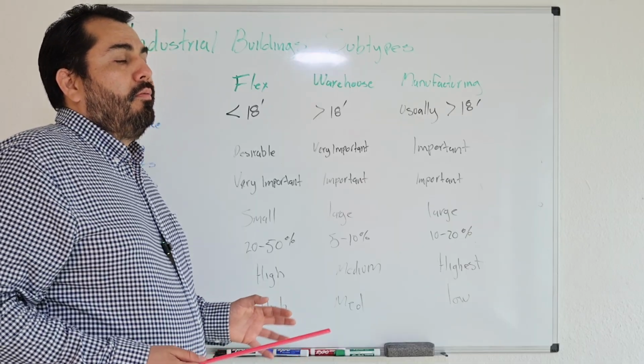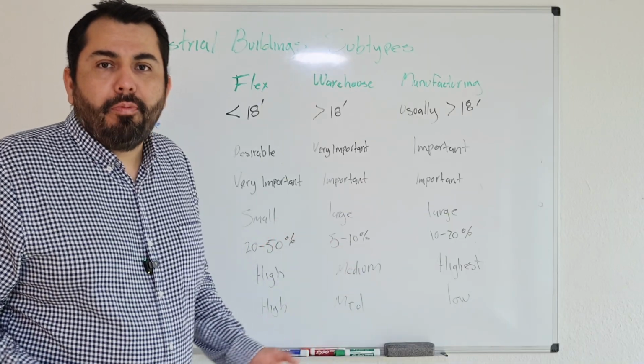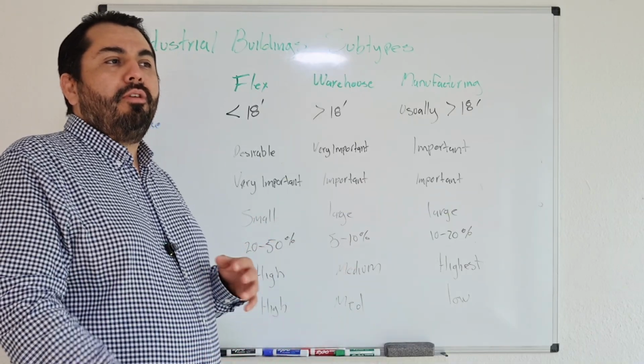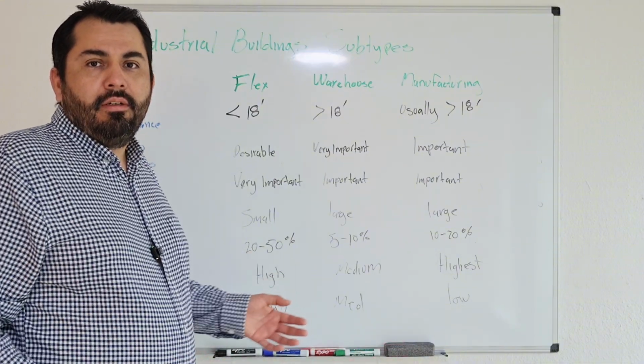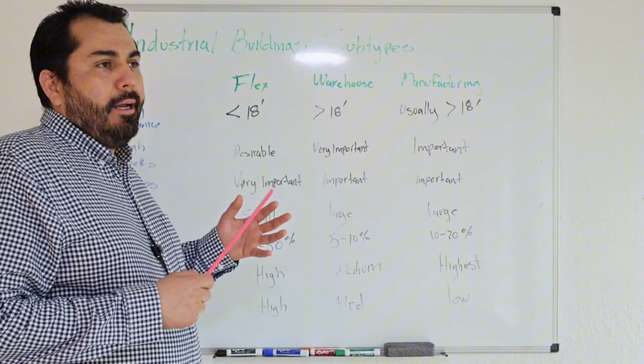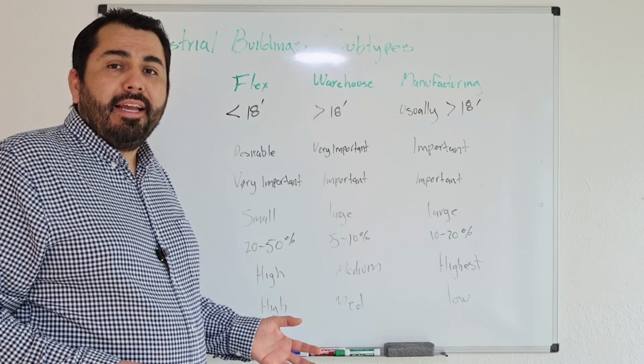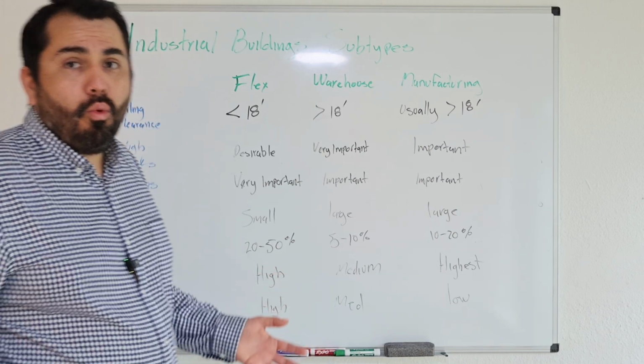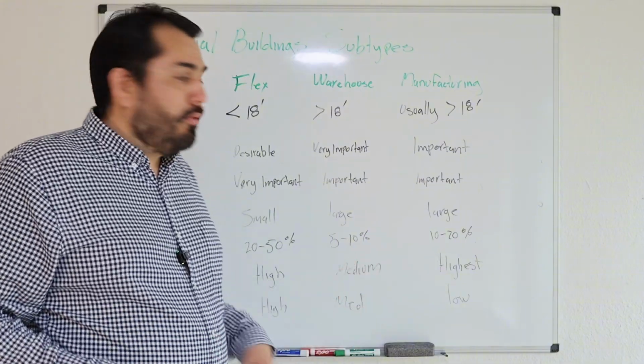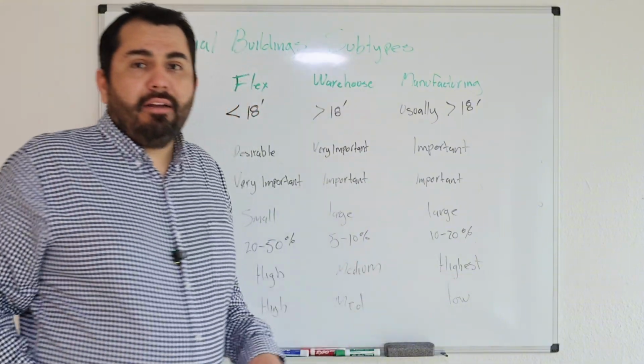You don't need so much power, so much water, because you are only moving stock inside, but you are not producing anything, so you don't have energy or water or big sewer. That is the case on manufacturing.